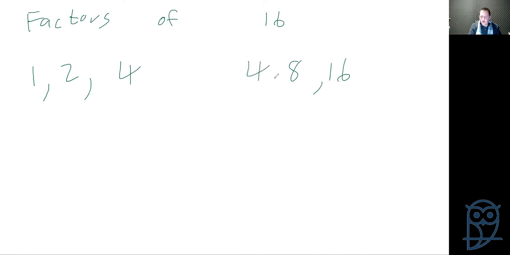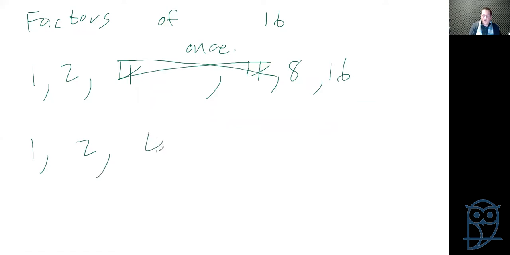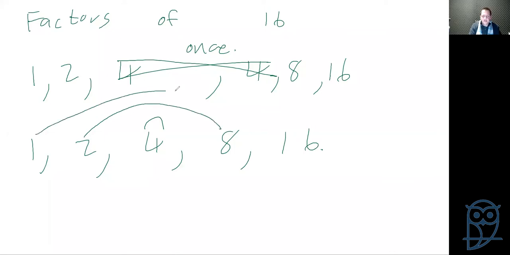So do I put a 4 there and a 4 there? Well, no, that's ridiculous, because I'm meant to be listing factors, and I'm not going to list 4 twice. So you only do this once. So your list is 1, 2, 4, 8, and 16. And then your factor pairs are 4 by 4, 2 by 8, and 1 by 16.